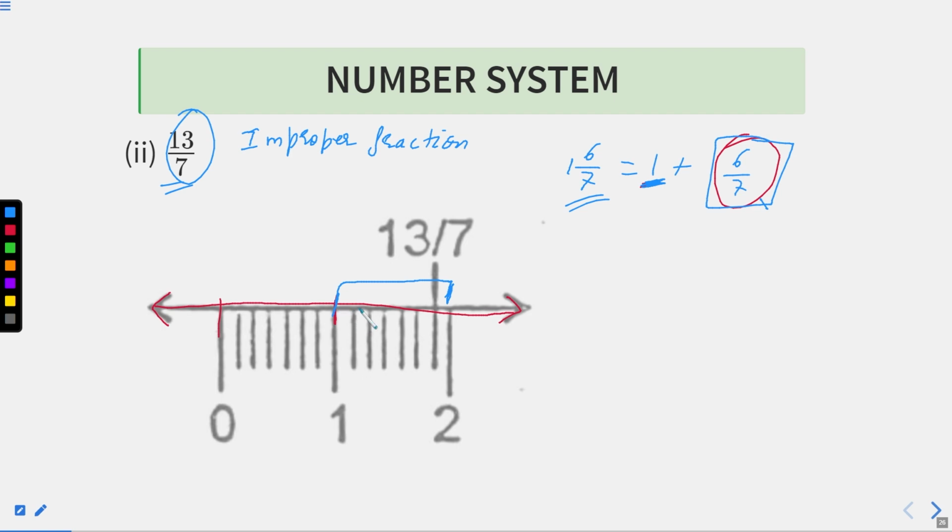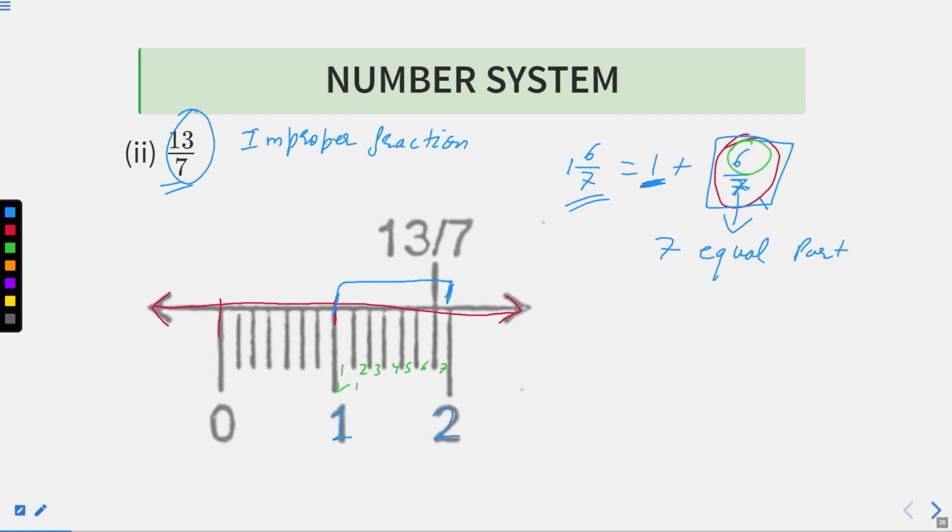So similarly, we divide our region of 1 to 2 into 7 equal parts. So we divided 1, 2, 3, 4, 5, 6, 7 into 7 equal regions. Now, out of 7, how many do we want? We want 6.